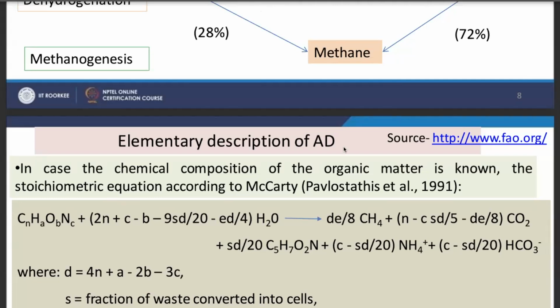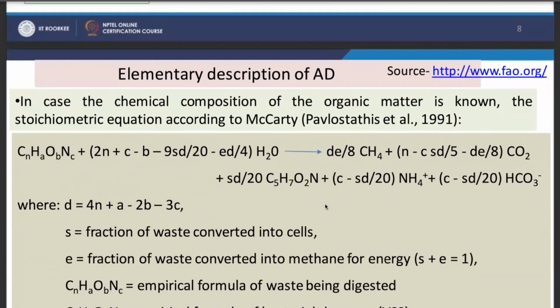So here we will talk about the basic elementary description of anaerobic digestion. As we have seen earlier also, if we have a stoichiometric equation of a reaction, it helps us in understanding how much of a raw material is getting converted into a desired product, or what amount of energy or catalyst we need to provide to get the desired amount of product, right?